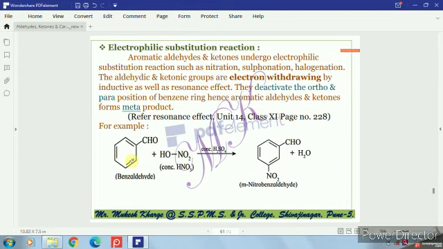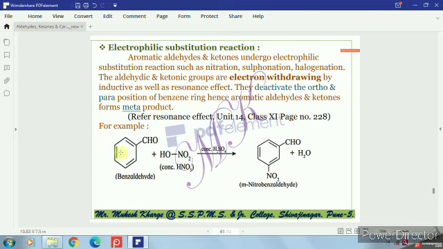So if you write the resonating structure of benzaldehyde, then you can easily understand that these two ortho positions, means 2 and 6 position, and the exactly opposite fourth position, that is para position, are carrying positive charge. So these positions become electron deficient while the third and fifth positions do not carry positive charge.